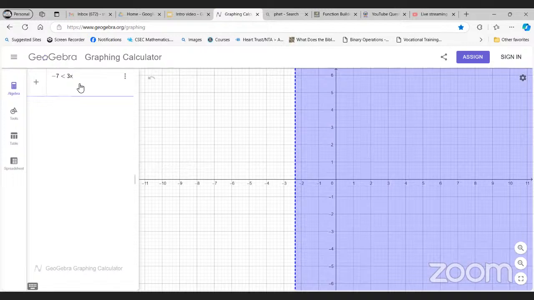If you notice what has happened here, we have minus 7, which is that 3x is greater than minus 7. So everything on this side here would be a true reflection. All these values here would make this statement true.